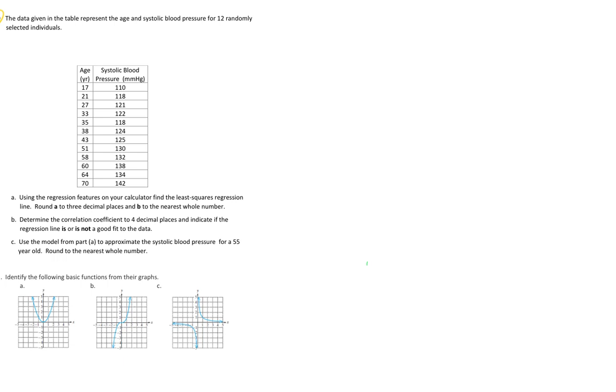And then once we find that, we end up with our A to be 0.51055, and our B to be 104.170. And then it says to round A to 3 decimal places and B to the nearest whole number. So then we get our equation of our line equals 0.511x plus 104.